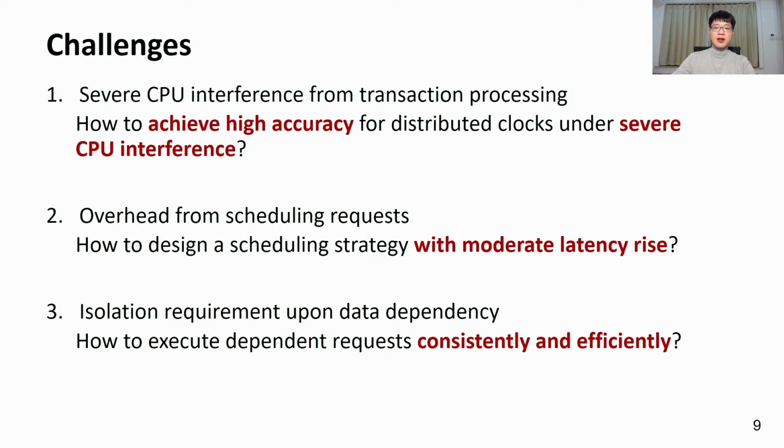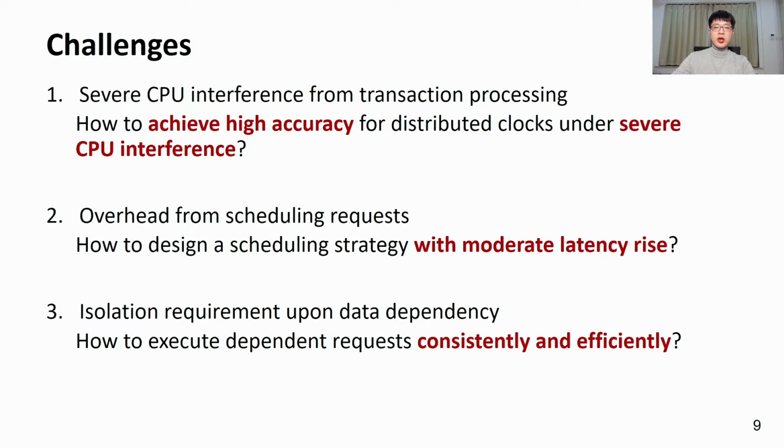In order to maintain a timestamp order for requests in all phases, we need to solve the above issues. Here we have 3 challenges. First, both background clock synchronization and foreground transaction processing require CPU resources. How to achieve high accuracy for distributed clocks under severe CPU interference from transaction processing?